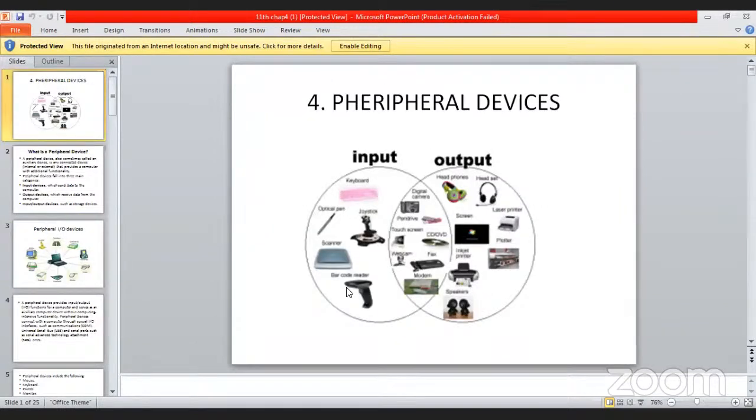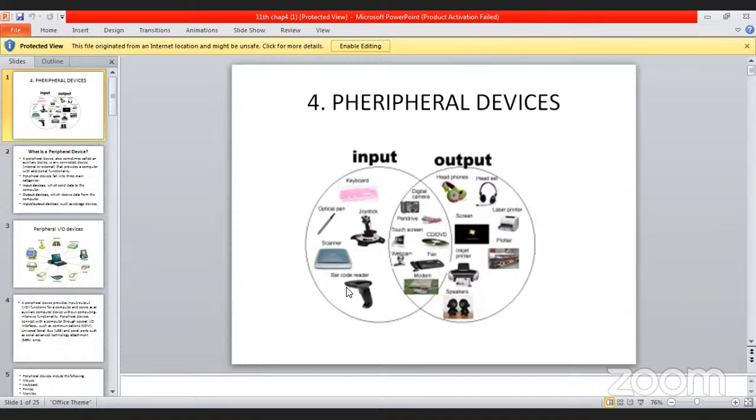See, input devices means what? Keyboard, magnetic floppy disk means it is an input output device, as well as mouse, scanner, all are input devices. And output devices means what? Printer, speaker, microphone, video, or a monitor.